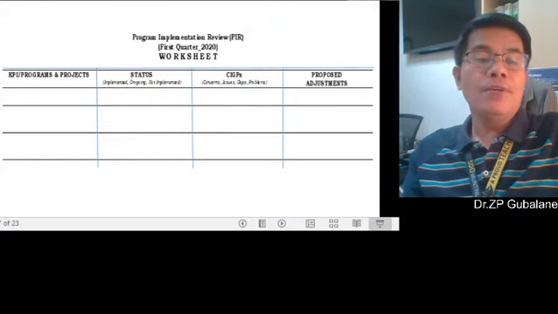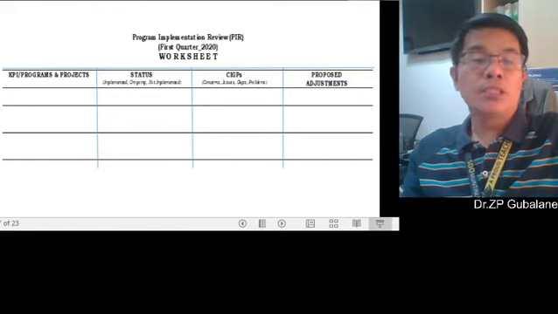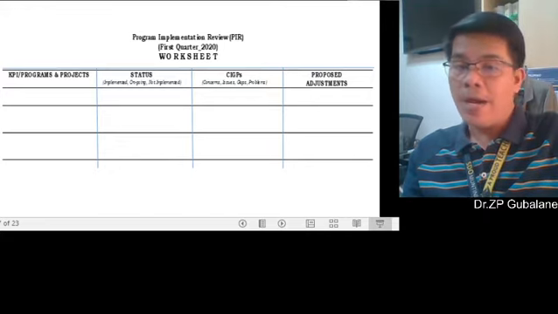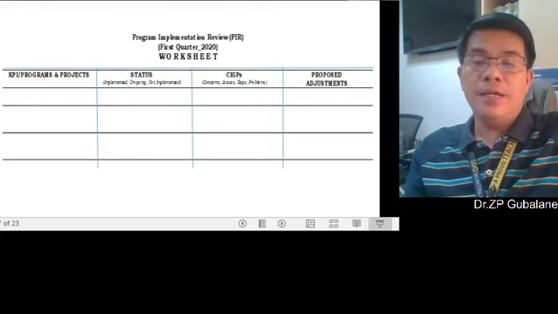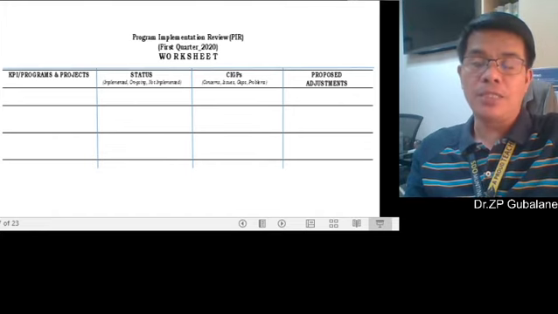Now, I have here a form or a worksheet for you to see how the PIR process is basically driven. At the very left portion of this table, you can see KPI or key performance indicators.